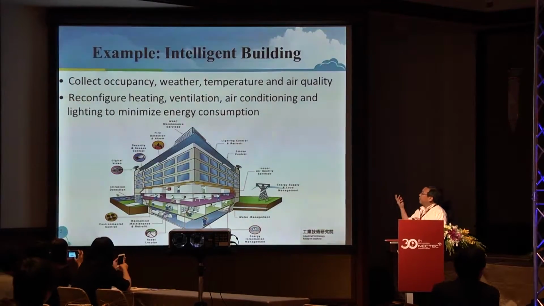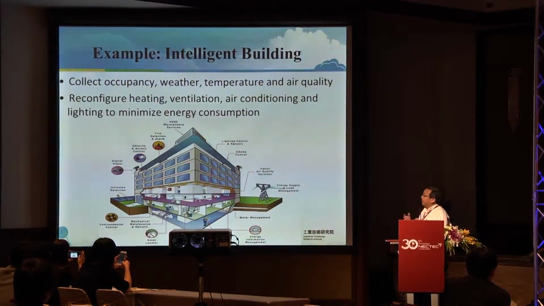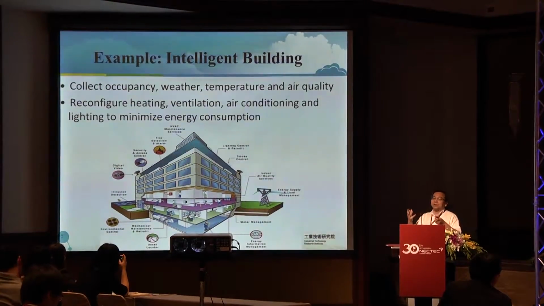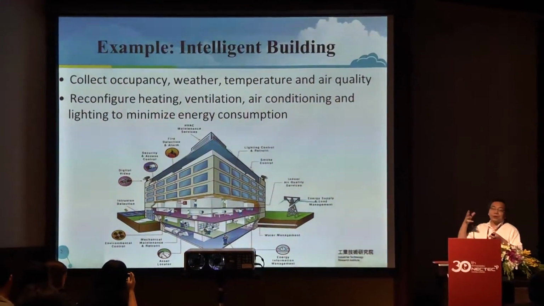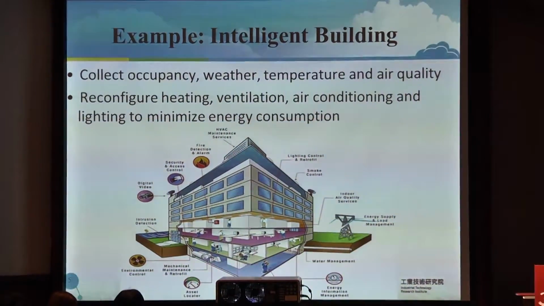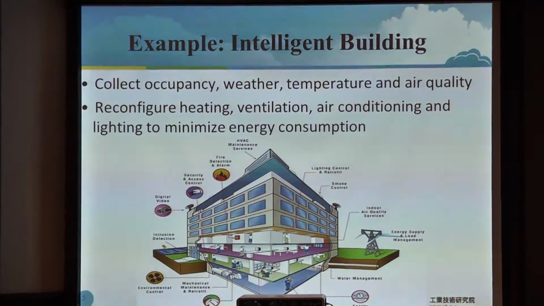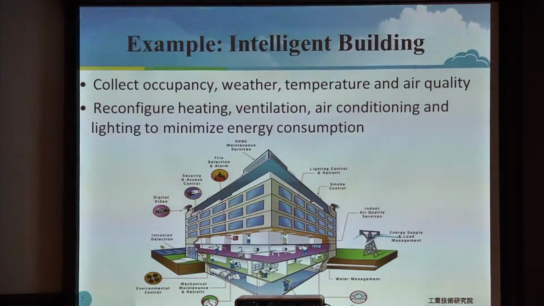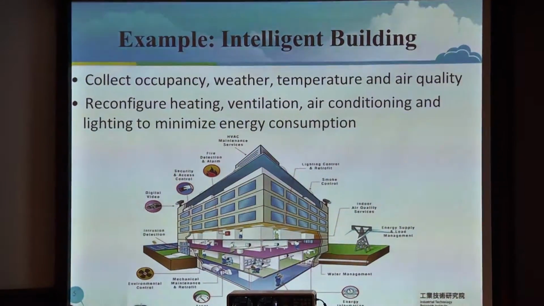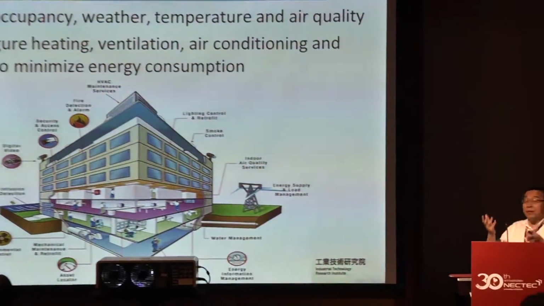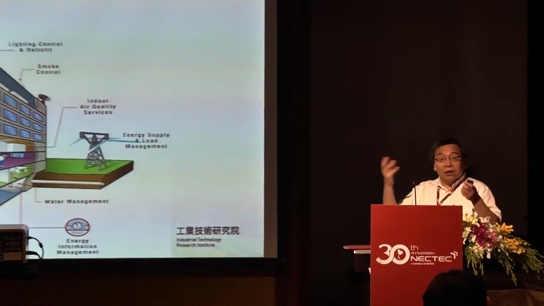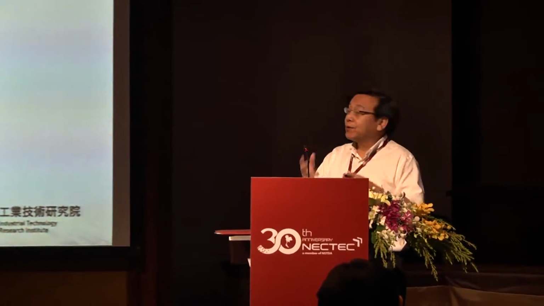One example of IoT is, of course, the intelligent building. Suppose you want to build a modern building and you want to reduce the total power consumption. What you can do is embed various sensors to collect occupancy information, weather or microclimate information, temperature, and air quality throughout different corners of the building.